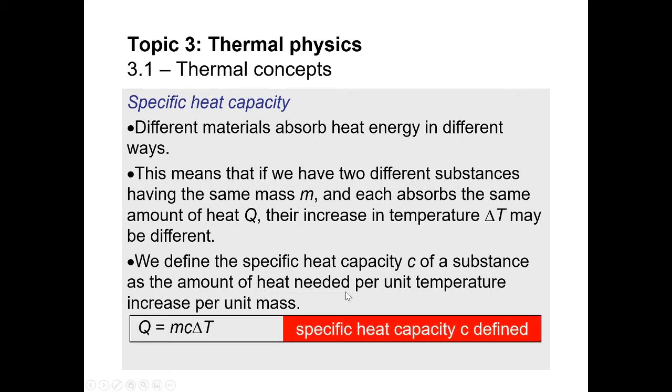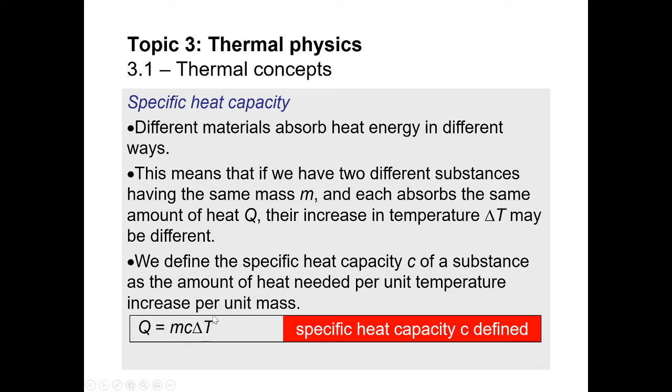Here is the formula for measuring the amount of heat energy in joules, okay? The amount of thermal energy that transfers from one object to another. It's the mass times specific heat capacity times change in temperature. Now, the c value that we're going to be using is going to be joules per kilogram per degree Celsius.